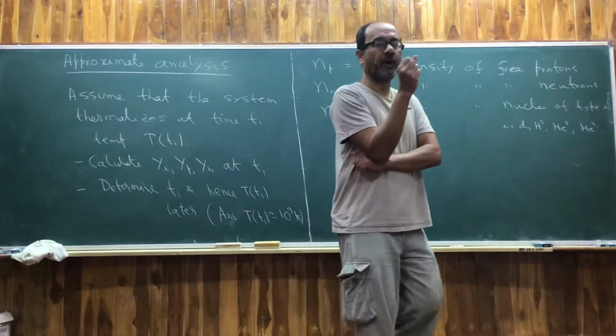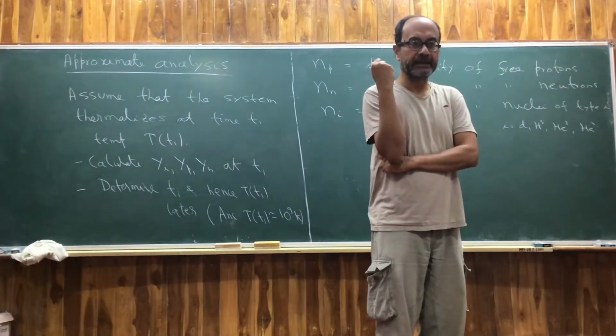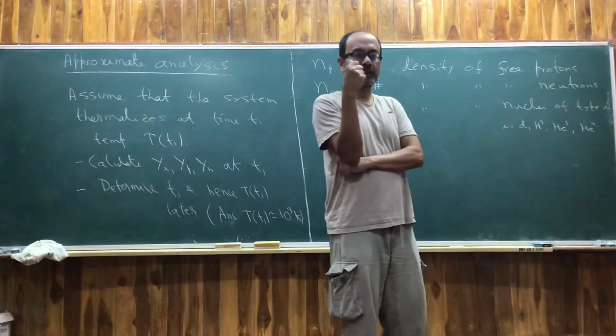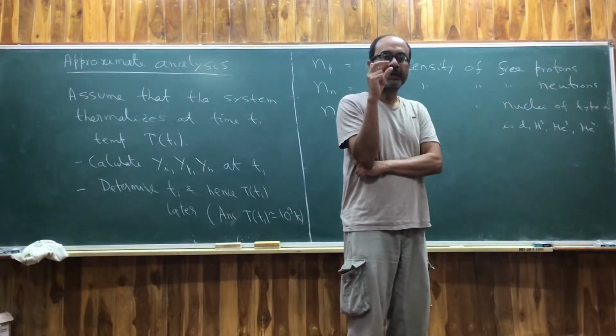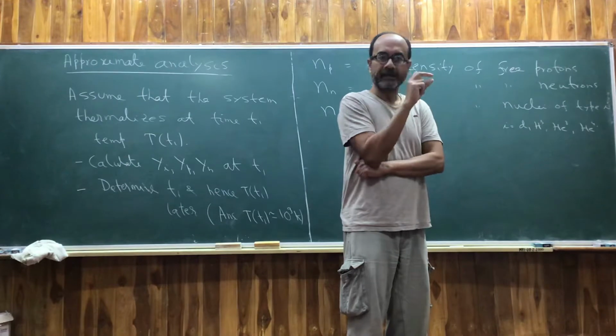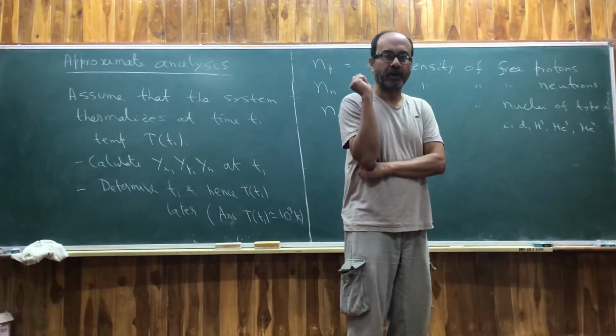Once the neutrons form part of the nuclei, there is no decay. And in any case, that process is much slower than the strong interaction process. Here you are talking about a very small window near T1, and in that window you can forget about the number of neutrons changing.